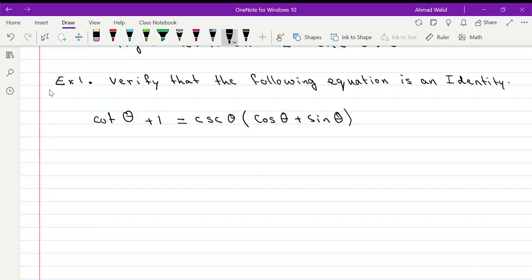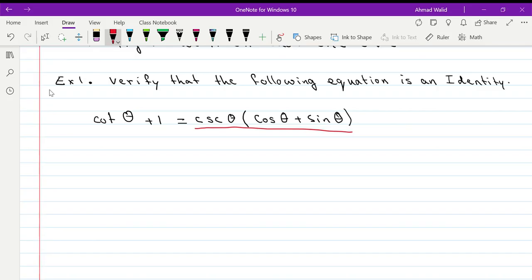You are changing the right side, which I underlined with the red, this side. You are changing this to what? As a cotangent plus 1. You have to work with this and you will see if it is an identity. If it is an identity, this equation, your right side also becomes cotangent plus 1.